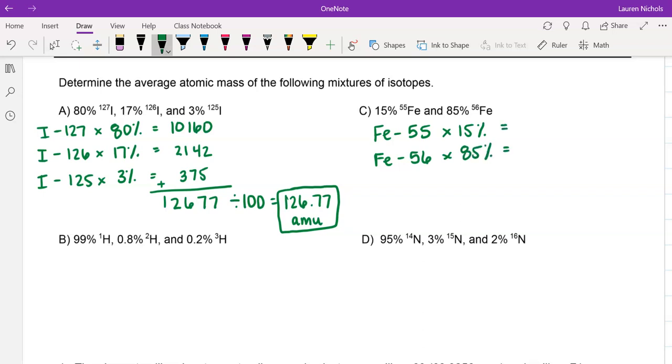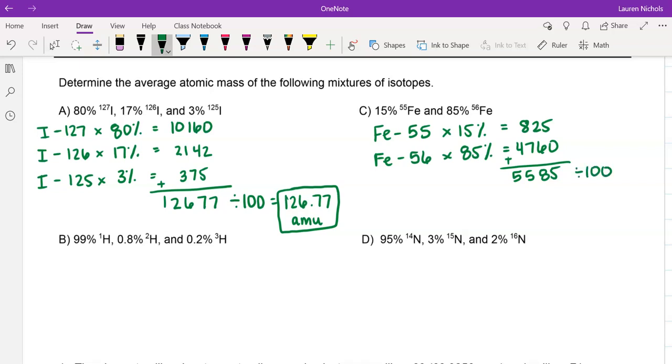And so we would expect, because iron-56 has the highest percentage, for the answer to be closest to it. So 55 times 15 is 825, and 56 times 85 is 4,760. We add them all together, and we get 5,585. And then our last step is to divide by 100.